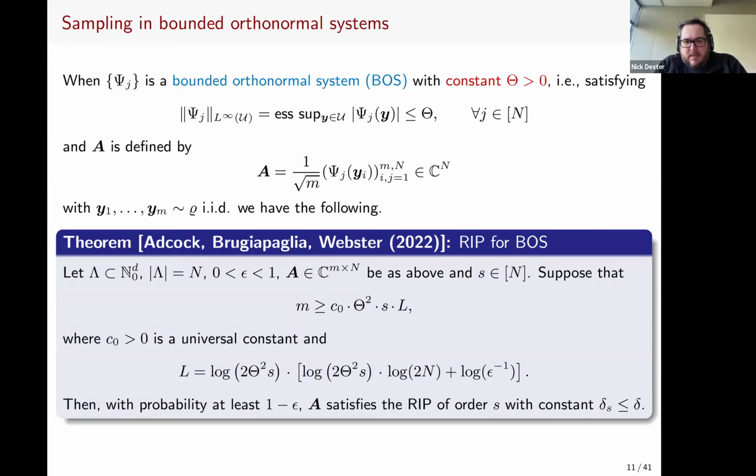And then with A as above and S in the set 1 to N, suppose that m is greater than some constant c0 times theta squared S times L. c0 is a positive universal constant, and L is this product of log 2 theta squared S times log 2 theta squared S log 2N plus log 1 over epsilon. So it's some polylogarithmic terms in theta squared S and N and 1 over epsilon. Then with probability at least 1 minus epsilon, A will satisfy the RIP of order S with constant delta S less than or equal to delta.